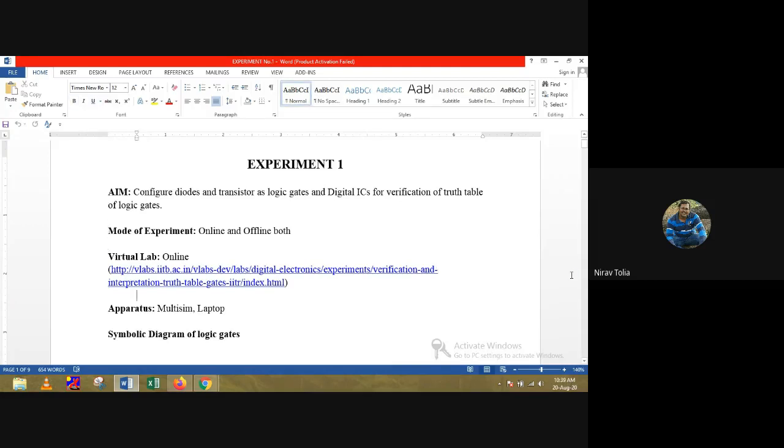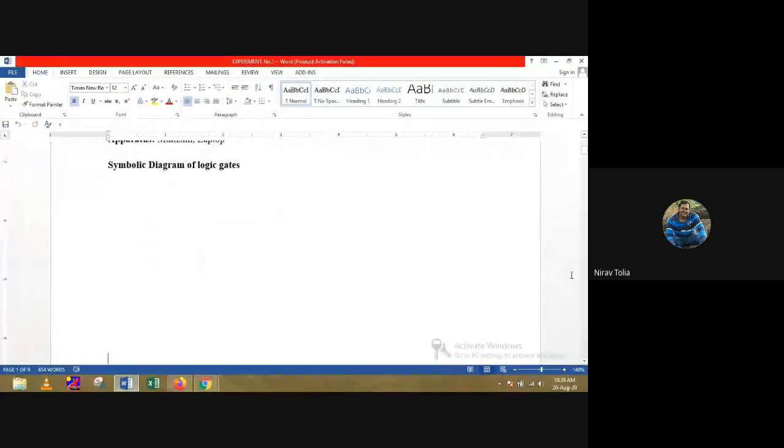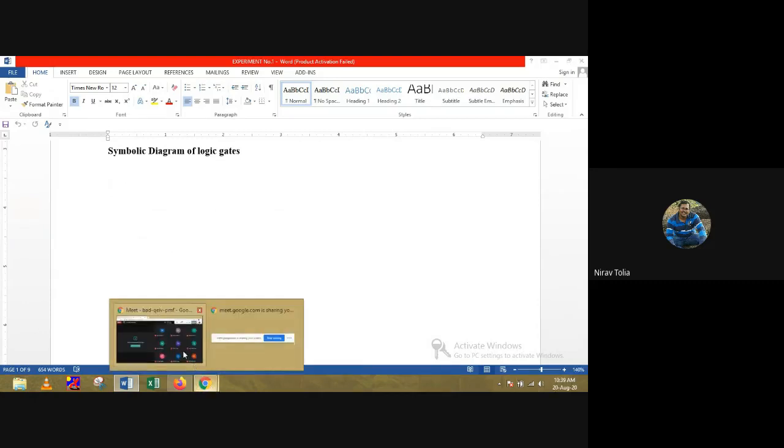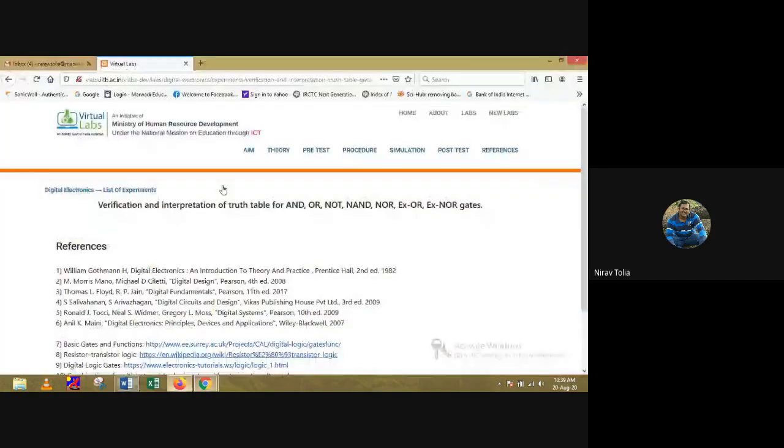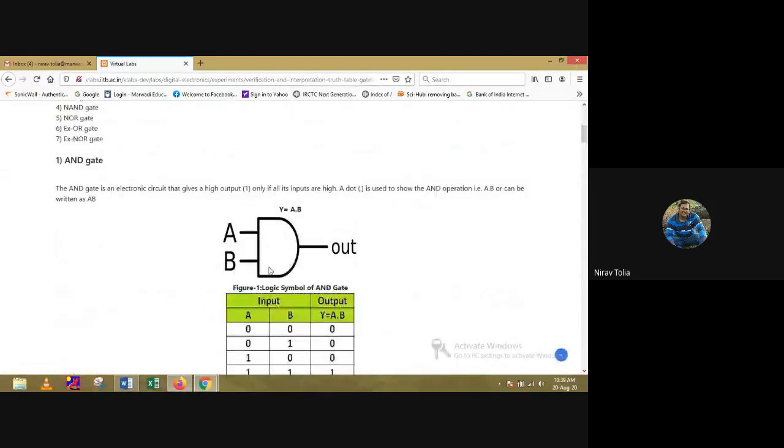Now what you have to do, I am giving you some gap. You have to draw a symbolic diagram of all logic gates. Simply draw the symbols of all the logic gates, like we have in theory. So this is the symbol of the AND gate.